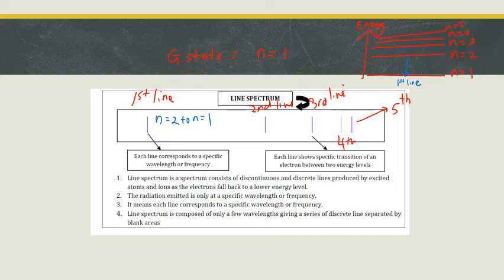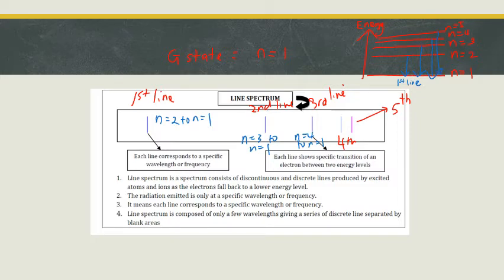And then untuk line yang kedua of course akan turun daripada N3 ke N1. So ini N sama dengan 3 to N sama dengan 1 elektron fall. And then yang seterusnya, okay, fall from N equal to 4 to N equal to 1. And then as you can see here, the gap makin kecil, makin kecil, makin kecil.